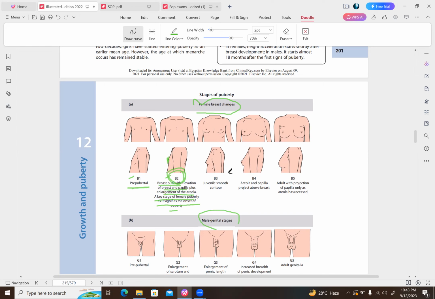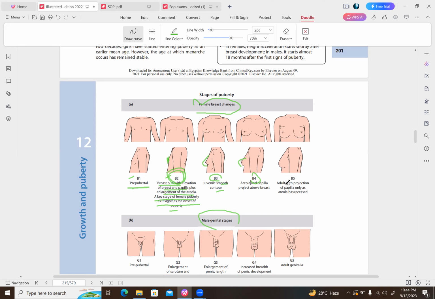B1 is pre-pubertal. When you get some contour in the breast, this contour in the breast, which is smooth, this is the juvenile contour, this is B3. And when the areola and papilla, they project above the breast, this is B4.